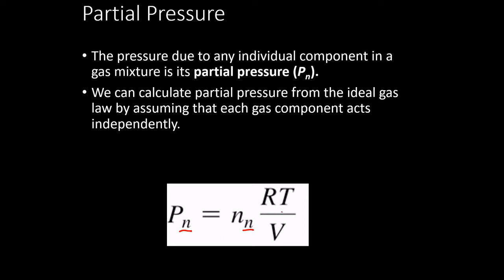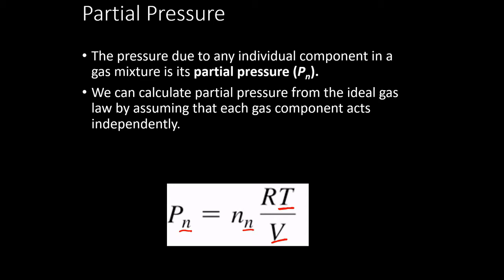Because if we have a mixture of gases, they're all in the same container together. They're all going to, by necessity, have the same temperature and the same volume. They have to. You can't have one gas occupying 1 liter and another gas occupying 1.5 liters. It just doesn't work that way.